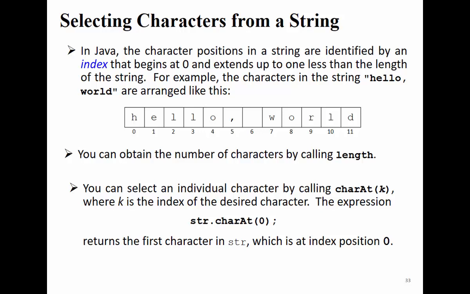In this case, for example, you have hello world, and you can say string dot charAt, and you get the character at index 7 or 0 or 11, as long as you give an index within the length of that string.